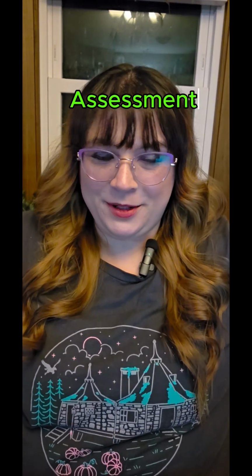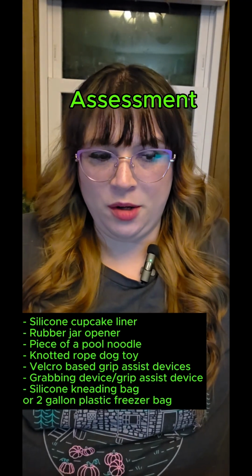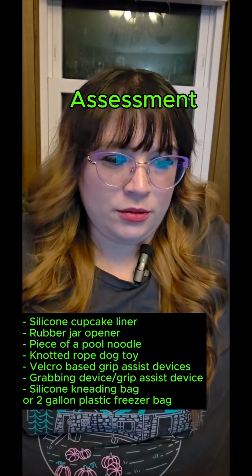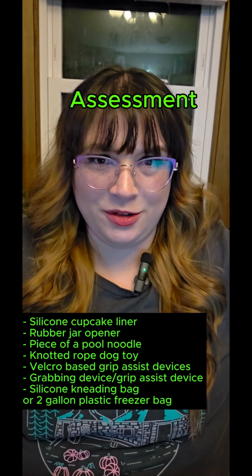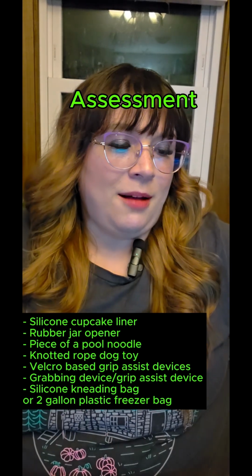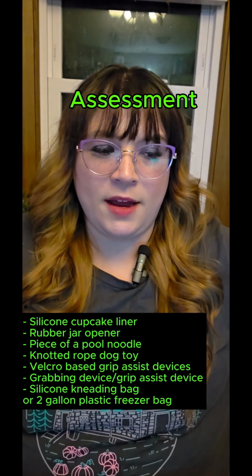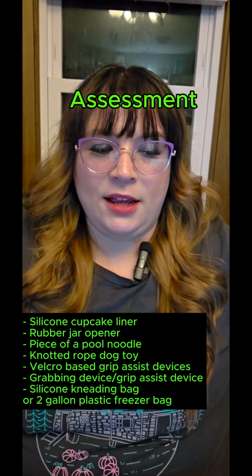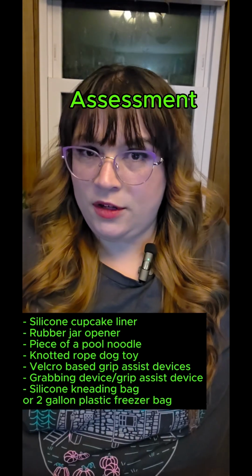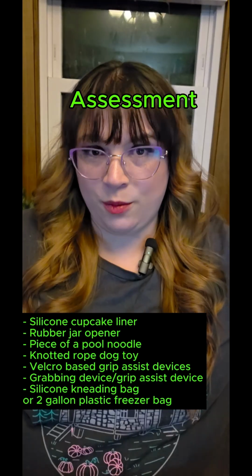All right, so here's my assessment. These adaptive tools: the silicone cupcake liner, rubber jar opener, a piece of a pool noodle, knotted rope dog toy. I seriously got it at the Dollar Tree for $1.25. Velcro based grip assist devices, a grabbing device or another grip assist device, a silicone kneading bag, or if you couldn't buy that, a 2-gallon plastic freezer bag will work as well.